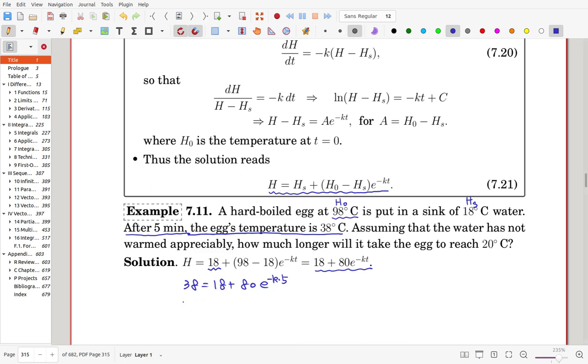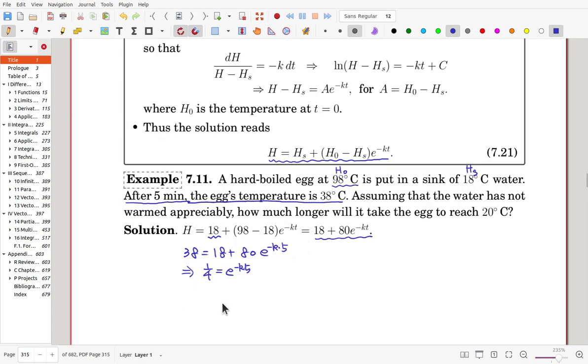If we move this to the left-hand side, that's 20 divided by 80, so 1/4 equals e to the minus 5k. Taking the logarithm and multiplying by minus, 5k becomes logarithm of 4. So k is logarithm 4 divided by 5. This second line is given to determine k.